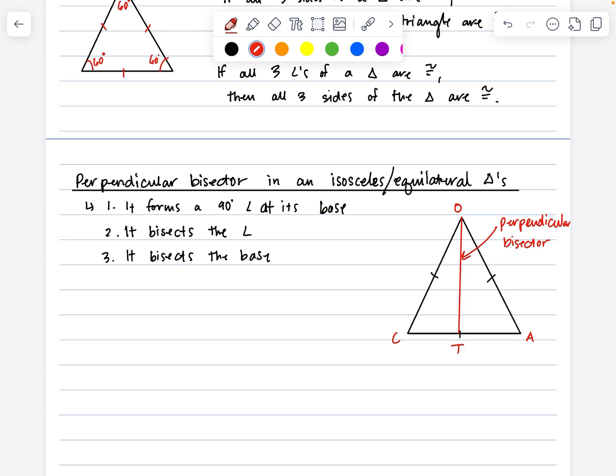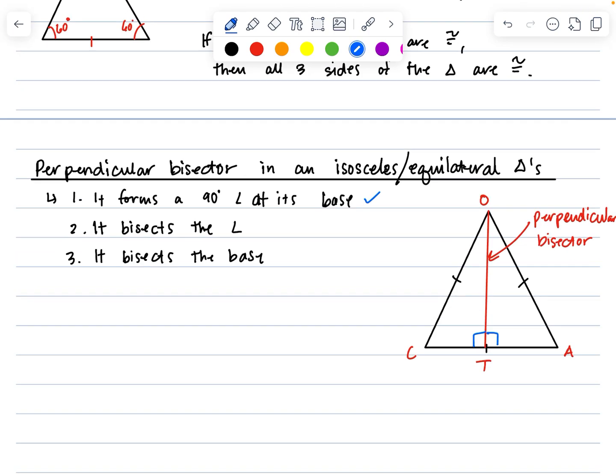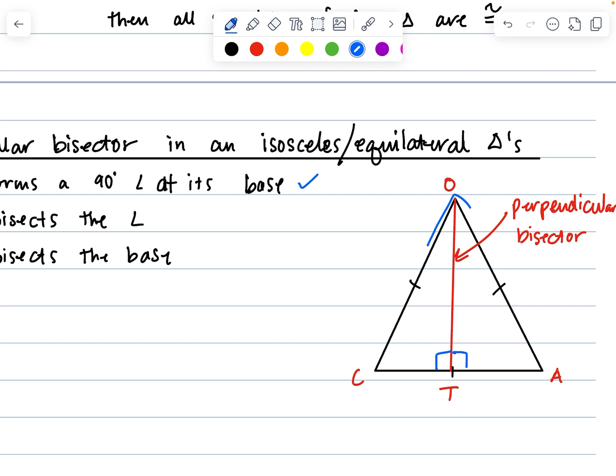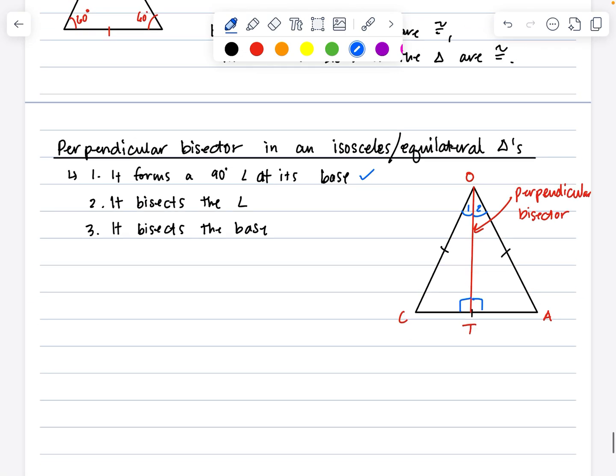That means, one, it's creating 90-degree angles at its base. It is bisecting the angle it's passing through, so it is actually passing through this angle, COA, creating two congruent angles. Call this 1 and 2.